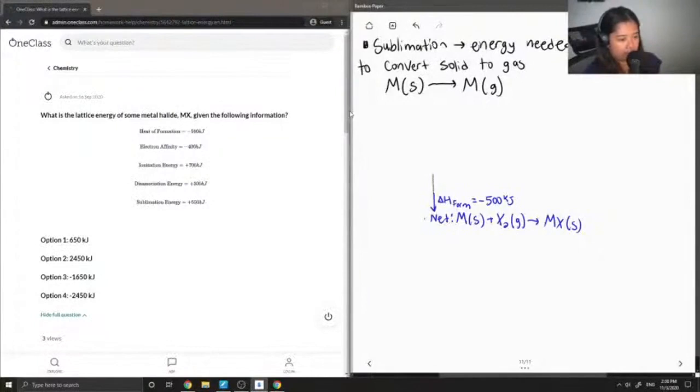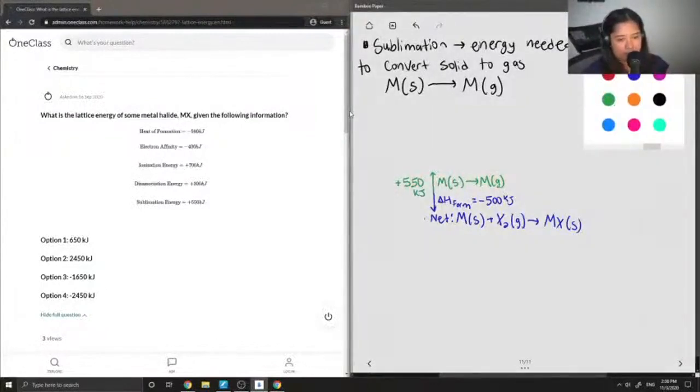I'm going to do an up arrow to show that we need energy. I'm going to show that our metal solid needs to first be converted to the gas. This is called sublimation, and this had a value of positive 550 kilojoules.